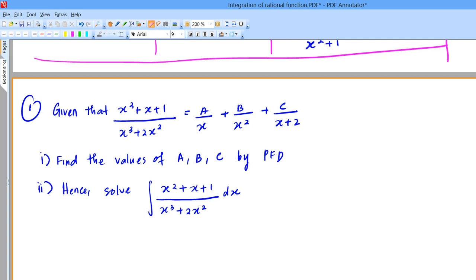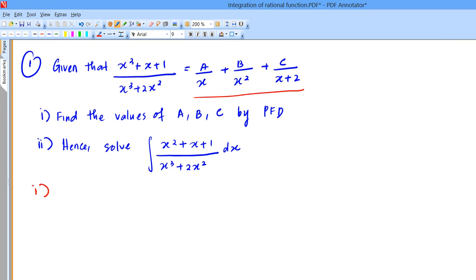Okay, for the first step, we want to find the values of a, b and c based on PFD.